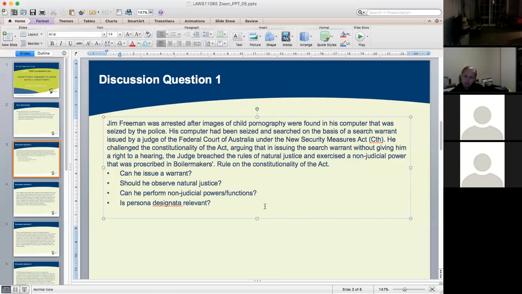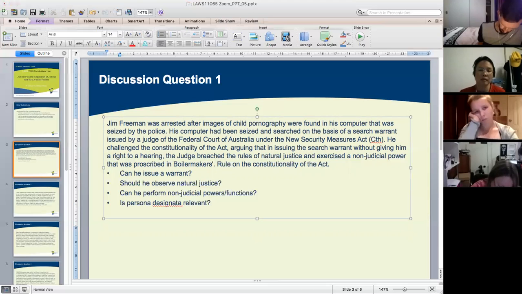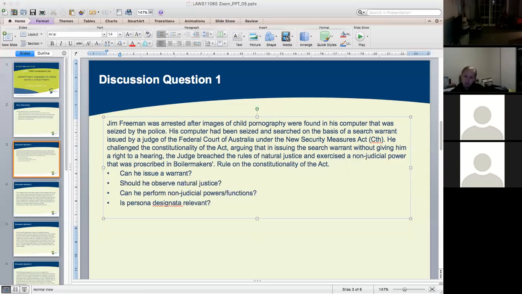So if he's acting persona designata, like you said earlier in the preamble, it has to be with his consent, and it's not allowed to be incompatible with his role as a judge of a Chapter 3 court. But because he's acting non-judicially, there's no requirement for him to follow procedural fairness.